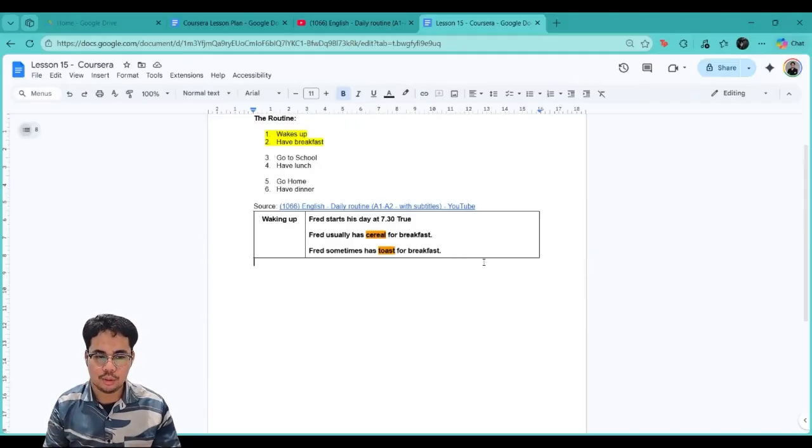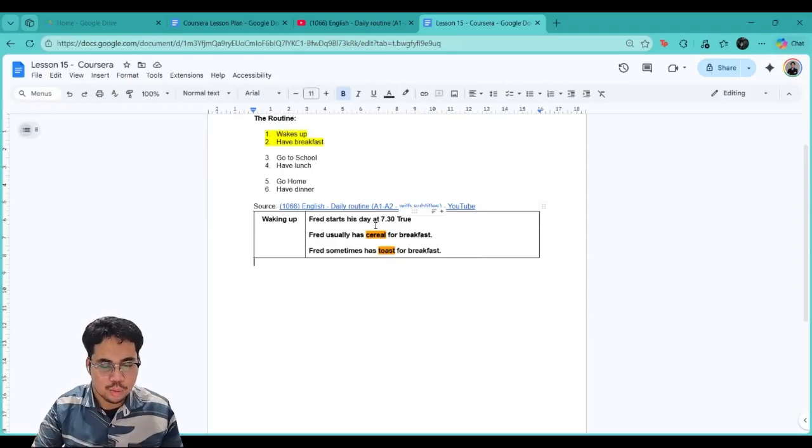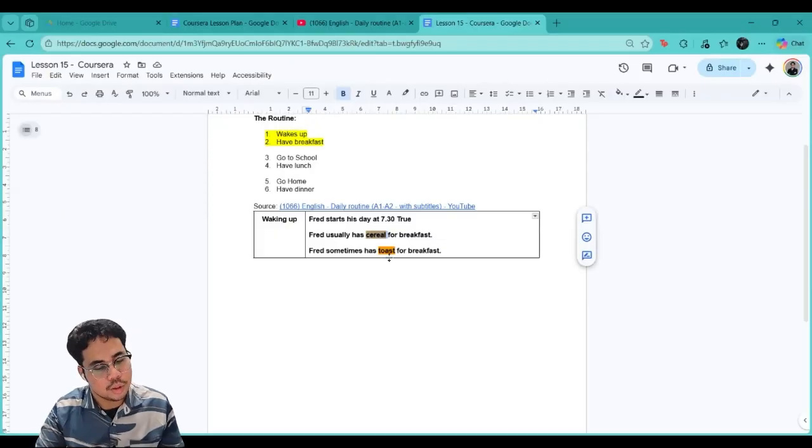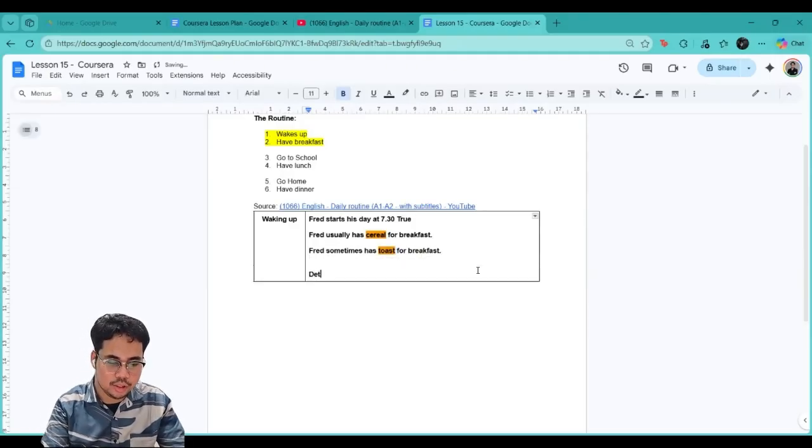We also have some boiled eggs with sambal, which is traditional Indonesian chili. We also add some tempeh on that. So it's very delicious. I'm not kidding with you guys. Now, for Fred, he wakes up with cereal most of the time, but sometimes he has some toast. So that's how we listen, by listening closely to the details.